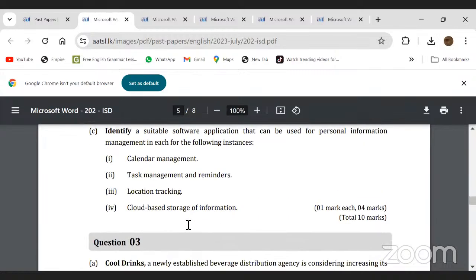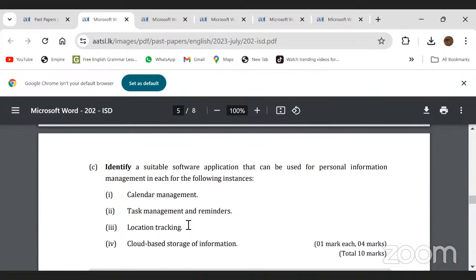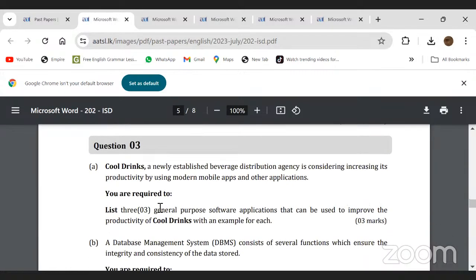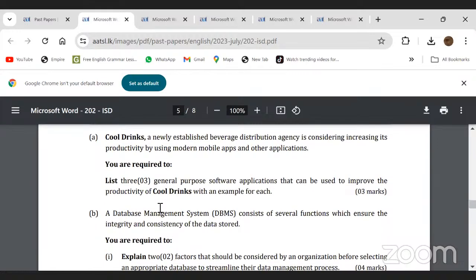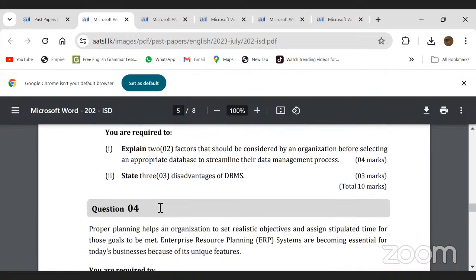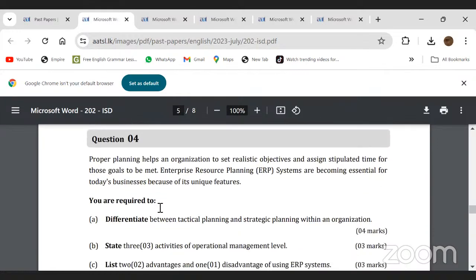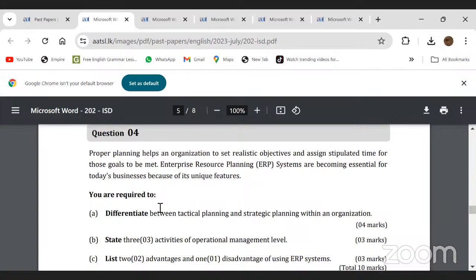Same. This is also related with PIM, calendar management, personal information system, topic 1. Section number 2, database management. I think you can identify the particular rhythm of the paper.